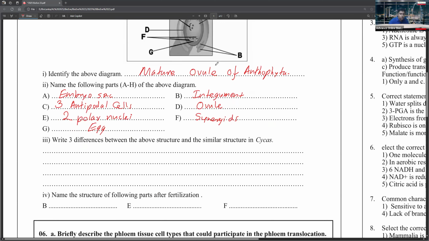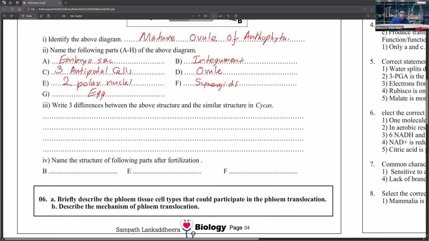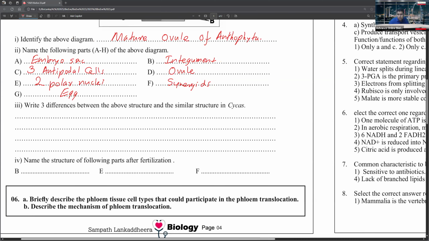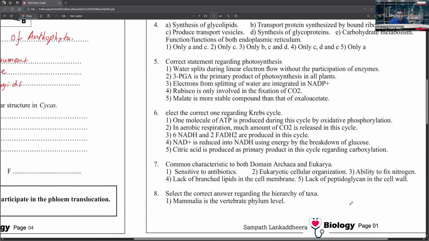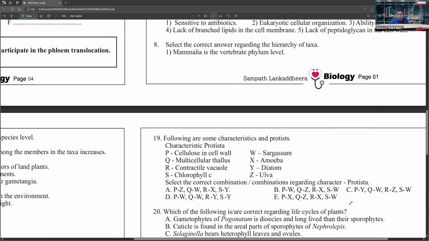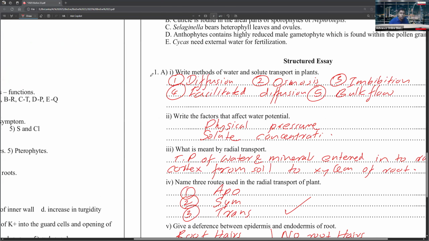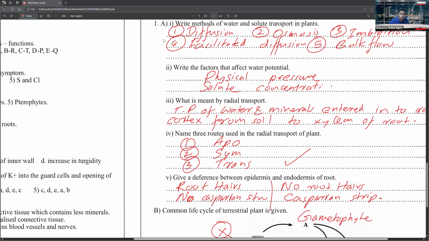Okay, all right. Write three differences between the above structure and similar structure in Cycas. So can you show page 3? All right.